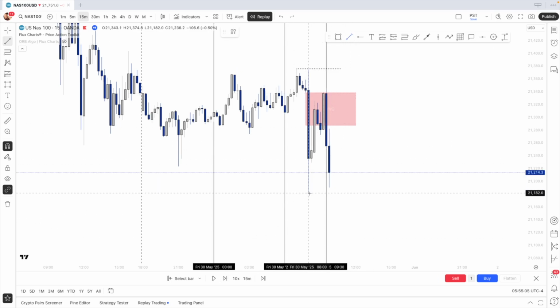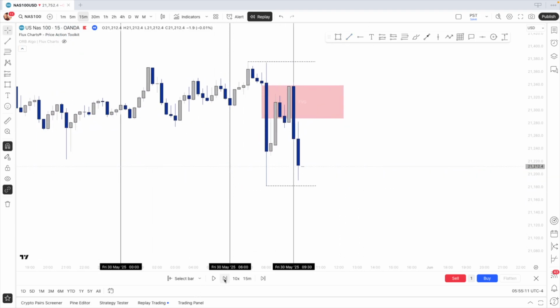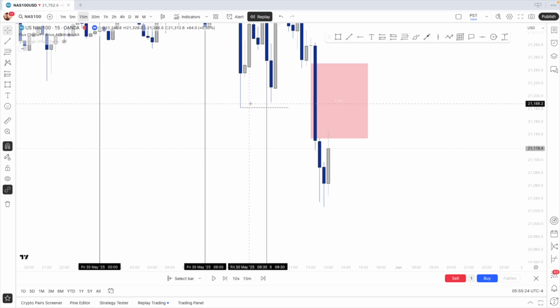Okay, so we have our pre-market low right over here. Let's wait for some sort of sweep on this pool or this one right over here. There we go. So as you can see right over here, we took this low.